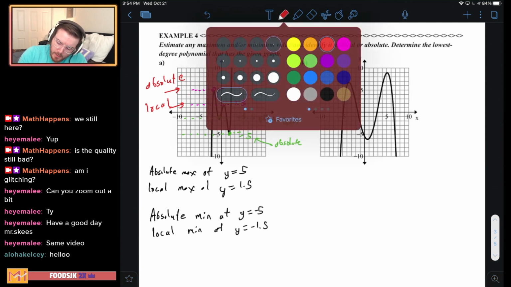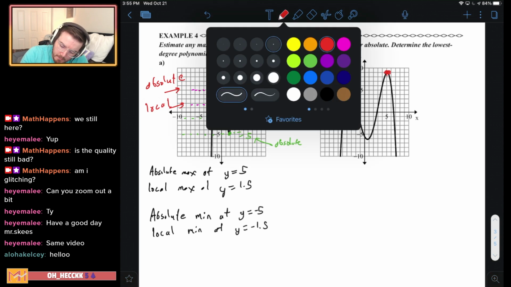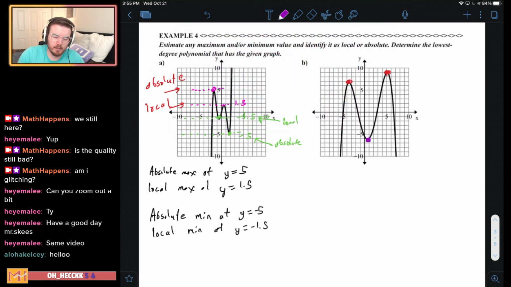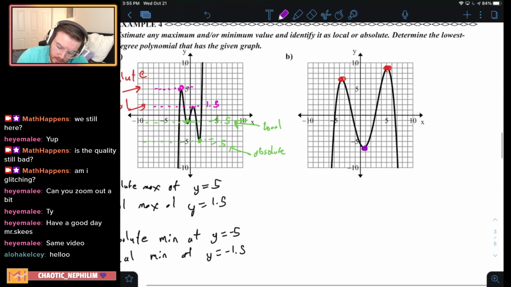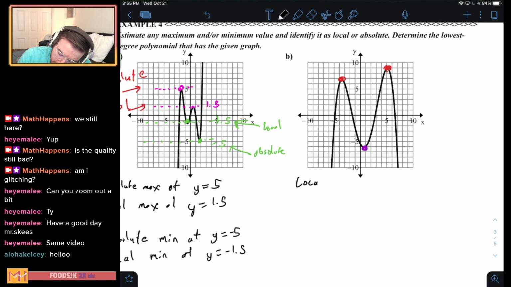So take a look here. We have a max here and a min here. Well, in this situation, we have a local max at, what is that at about?